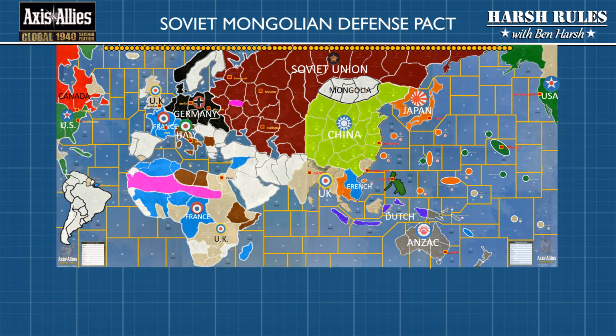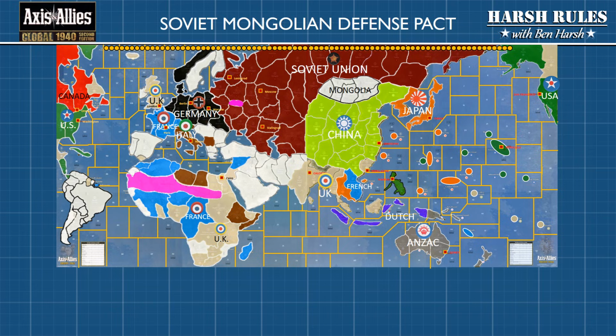This additional rule is regarding the Soviet-Mongolian Defense Pact. Due to their mutual border conflict with Japan in 1939, the Soviet Union and Mongolia have a special relationship. The Mongolian territories, marked on the board here in white, will never become pro-Axis unless one or more of them is attacked by the Soviet Union.